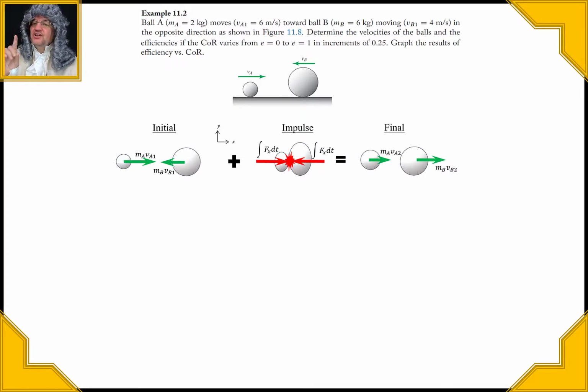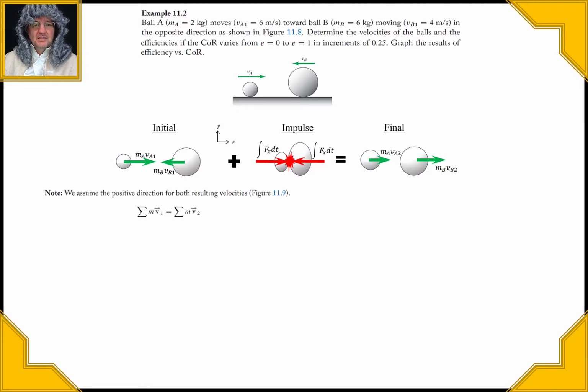And I don't actually know which direction is going to be the final state, right? Because it could be that ball B has so much more momentum than ball A that it sends it going in the opposite direction. And since I don't know what the final direction is going to be, I'm going to choose it to be in the positive direction and see what the result is going to be.